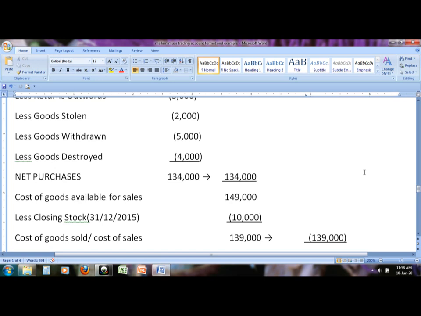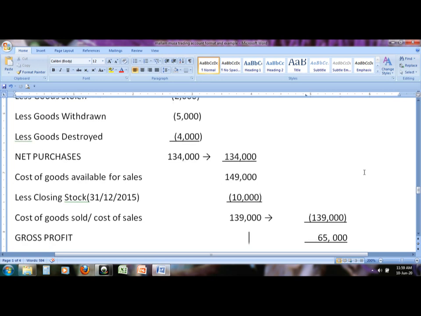Take away 10,000 naira from 149,000 naira. It remains 139,000 naira. That 139,000 naira is our cost of goods sold or cost of sales.